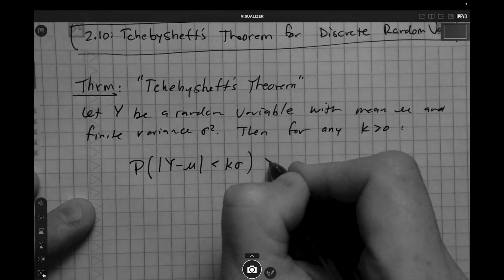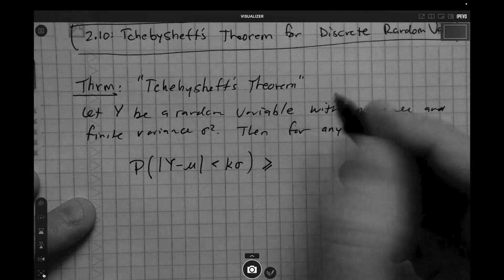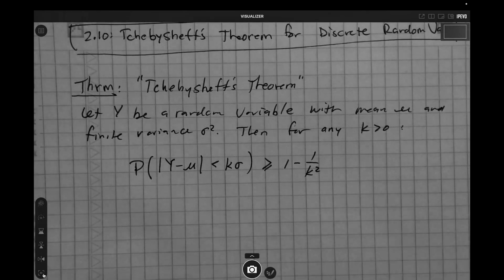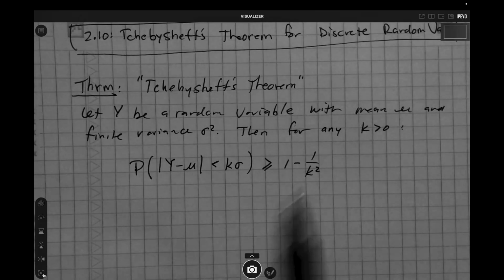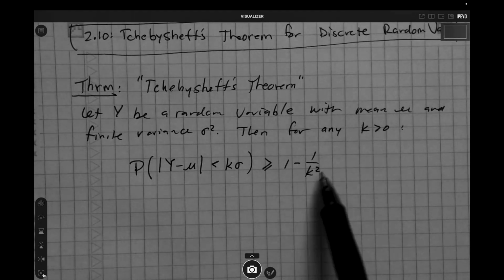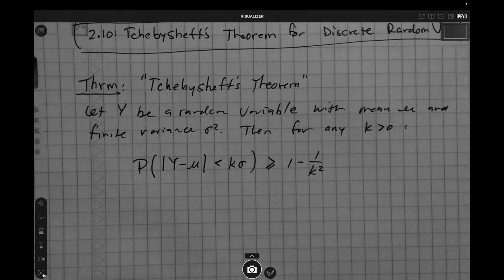That probability is going to be greater than or equal to 1 minus 1 over k squared. Okay, so this is basically saying the probability that the random variable Y is within k standard deviations of the mean is greater than or equal to 1 minus 1 over k squared. Okay, so that's one way to express it.